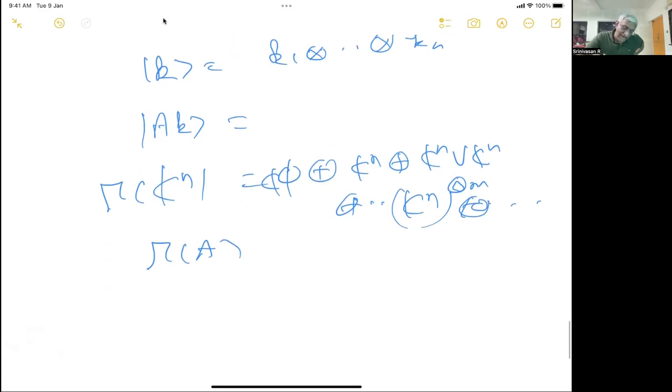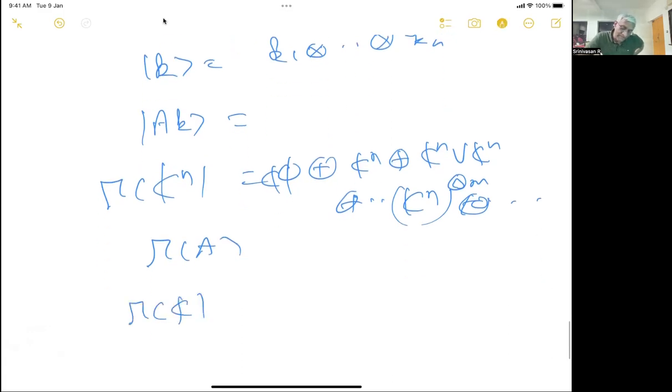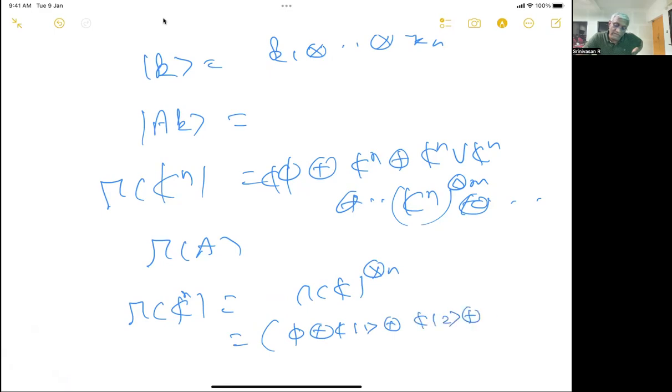On the other hand, we are using our gamma of C, which looks like gamma of Cn, equal to the tensor product of gamma of C, n times, J equal to 1 to n. Each of these looks like C times 1 vector, C times 2 vector, and so on, tensor n times.